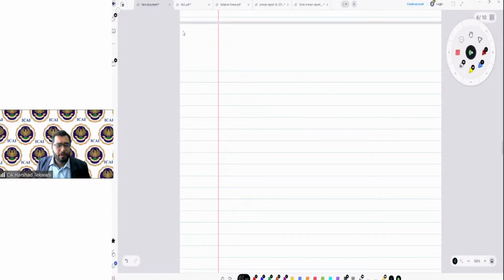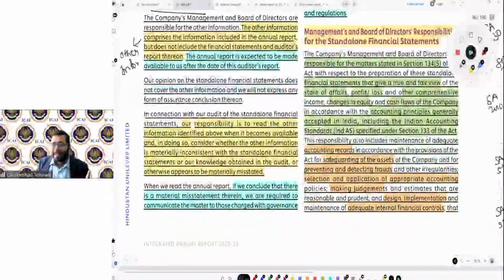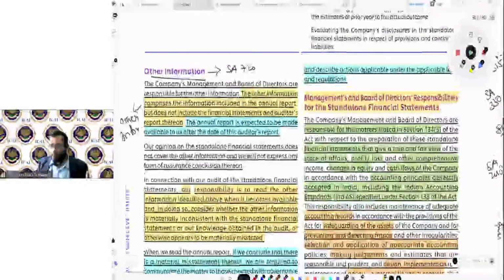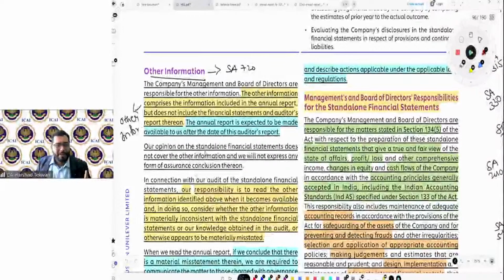We just now saw that there are a few details we are required to present in the other information paragraph: that management and the board of directors are responsible for other information. Means the auditor is not responsible for other information.